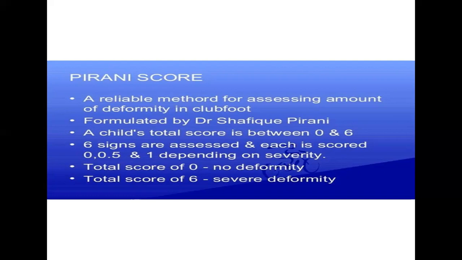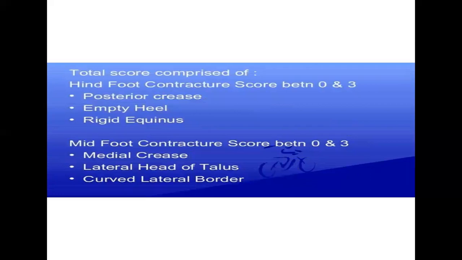A total score of 0 means no deformity; a total score of 6 means severe deformity. The total score comprises hindfoot contracture score between 0 and 3: posterior crease, empty heel, rigid equinus. Midfoot contracture score between 0 and 3: medial crease, lateral head of talus, curved lateral border.